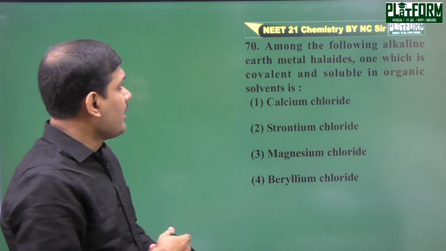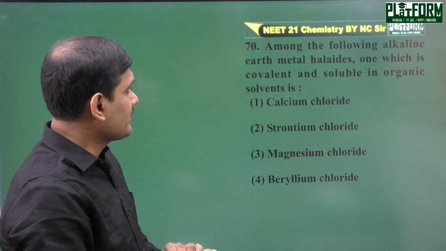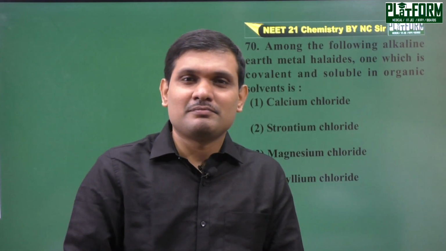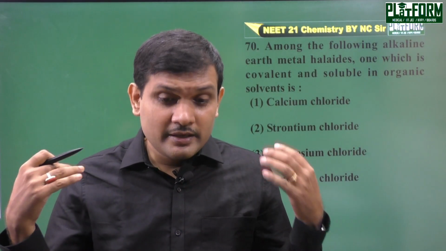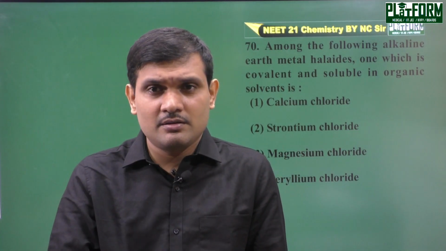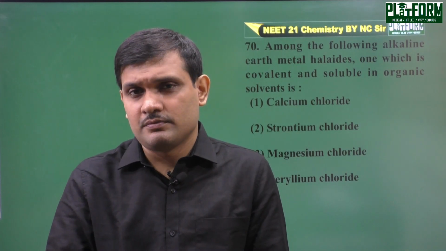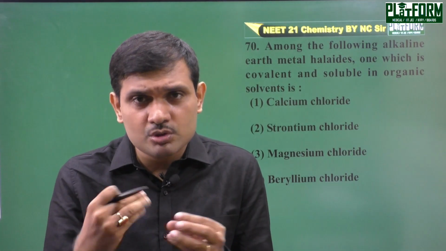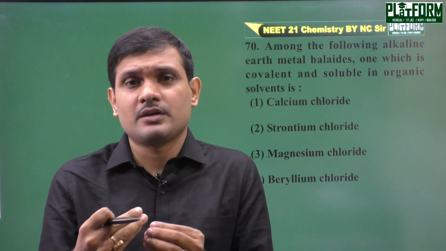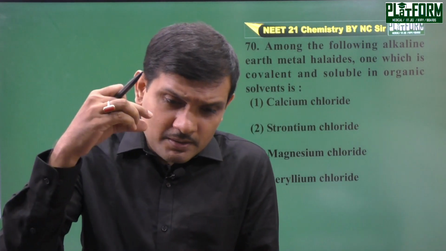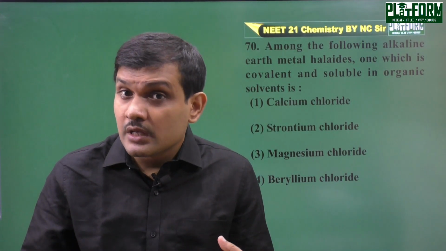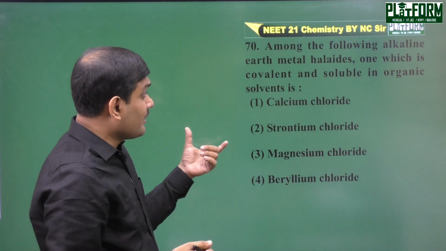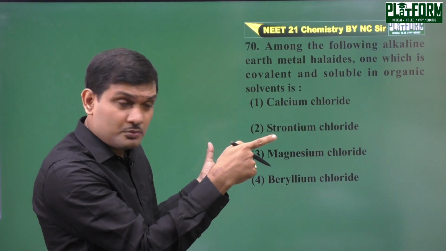Now, among the following alkaline earth metal halides, which one is covalent and soluble in organic solvents? Students, this year if you go through this question, you find that more than one question is asked from the same passage of the NCERT text. Alkaline earth metals are S block group 2 elements.